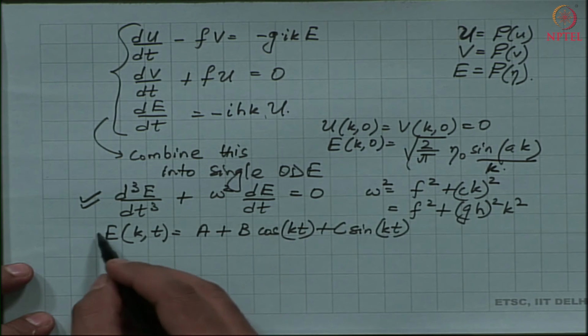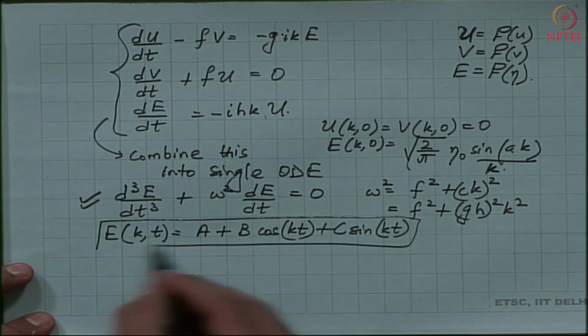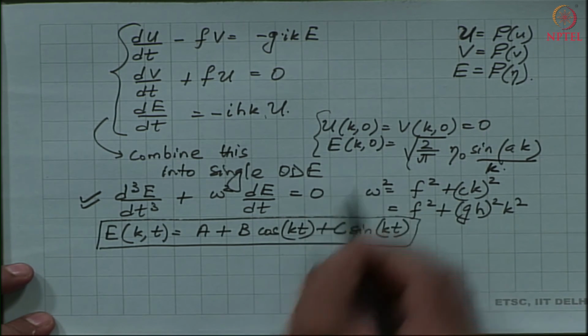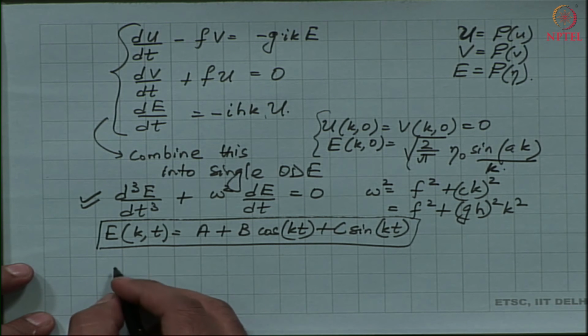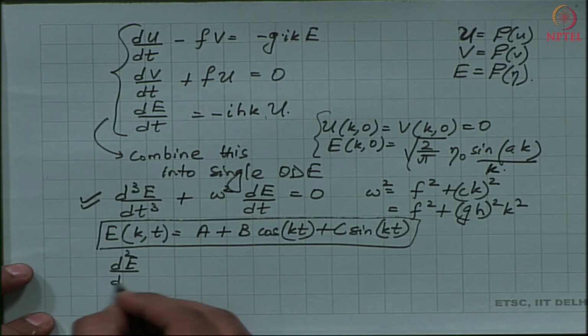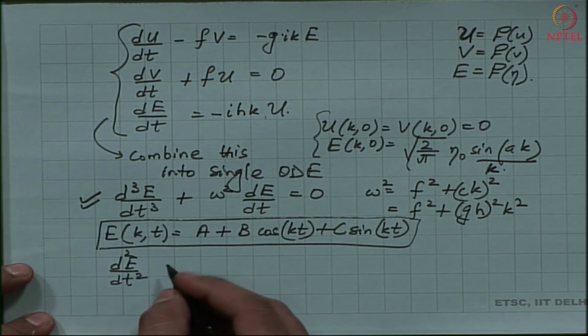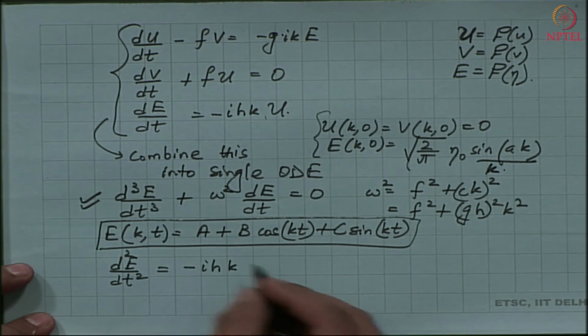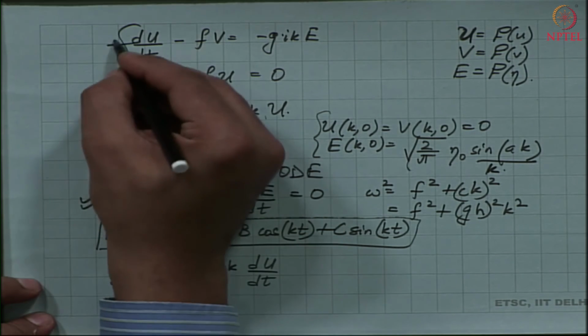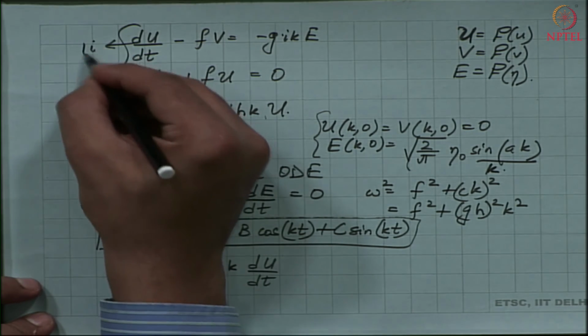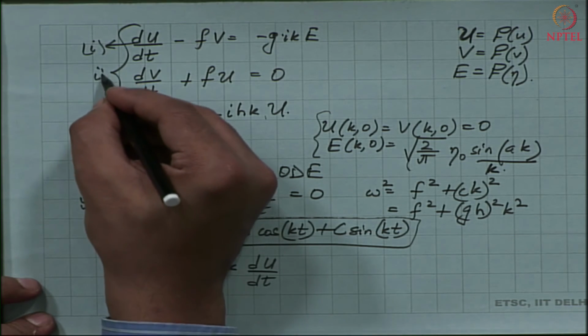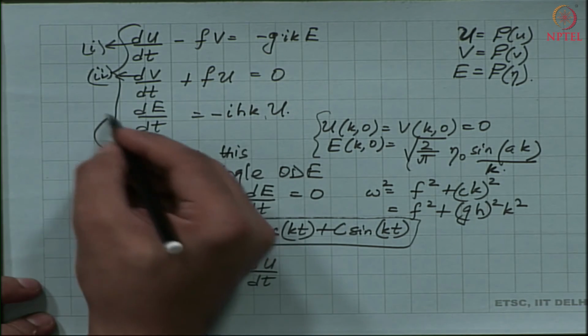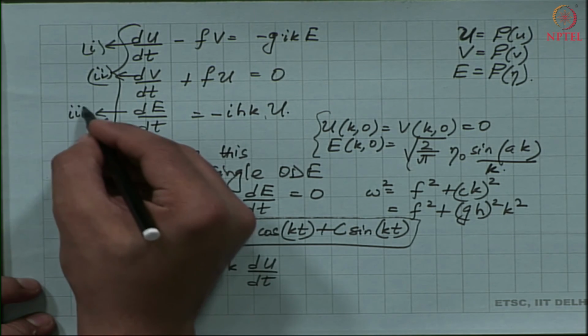Now, we must make sure that this solution satisfies these initial conditions. So, in particular, if I take the second derivative of E with respect to t, I get that this is equal to negative ihk du/dt, from, let us say this is my I, this is my II, and this is my III.